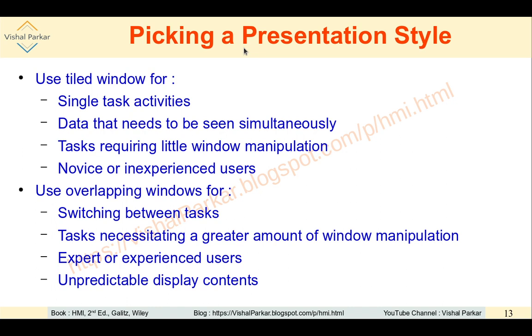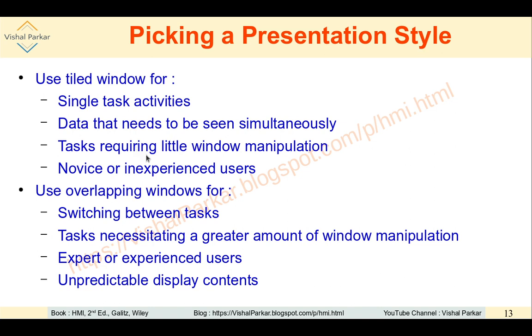Now, which presentation style is to be used for what purpose? In the case of tiled windows, they are suitable for single task activities where the task is not that complex, and data needs to be seen simultaneously. So, different data elements are available at the same time to the user, then it becomes easy for the user to see all the contents or think on those data.